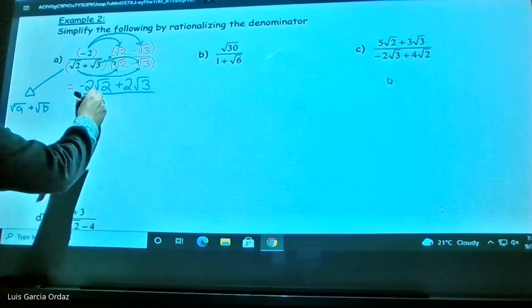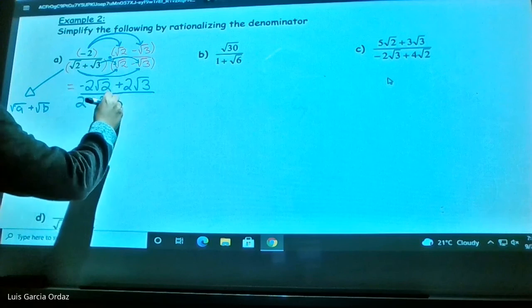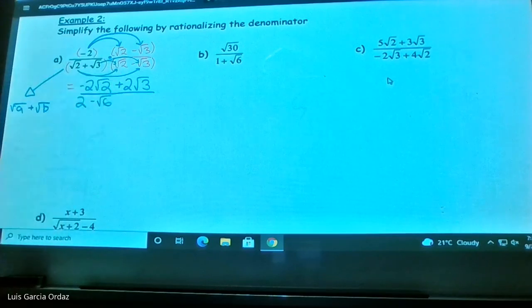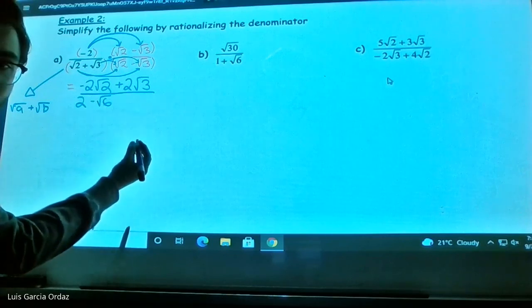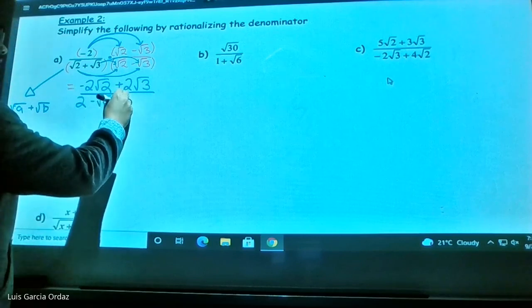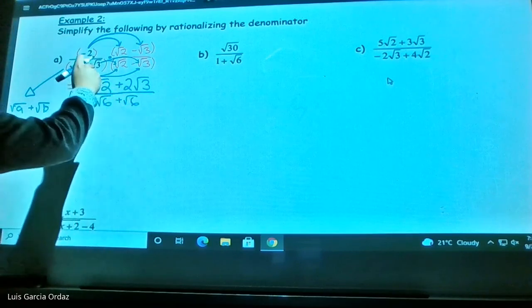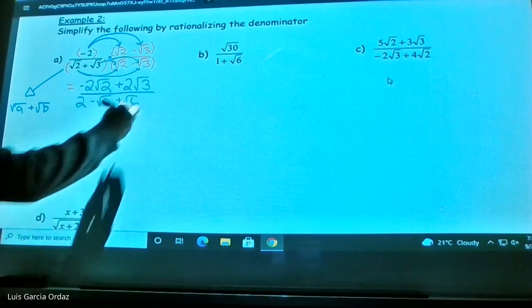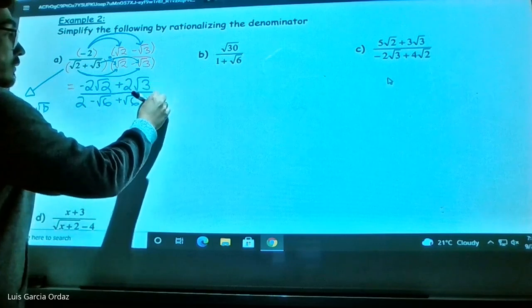Negative root 6. Perfect. Now we have positive root 3 times positive root 2. That gives us positive root 6, thank you, Priyanshu, Ian, and Anna. And what's root 3 times negative root 3? Negative 3. I'm doing this slowly because some of you are confused.